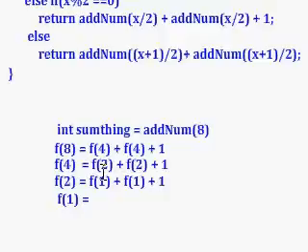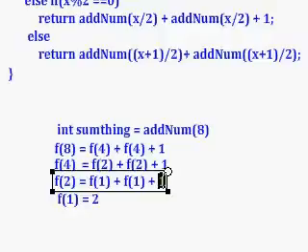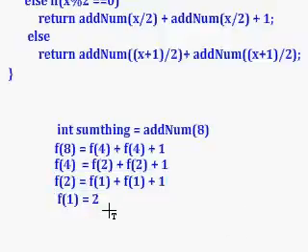As a recursive function, everything has to go to its base case in the end. And so does this. This goes to 2. Now once you get to the base case, that's when you start working your way back up. So you got to your base case. You know what f of 1 is. F of 1 is 2.